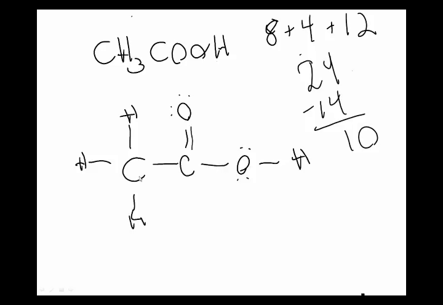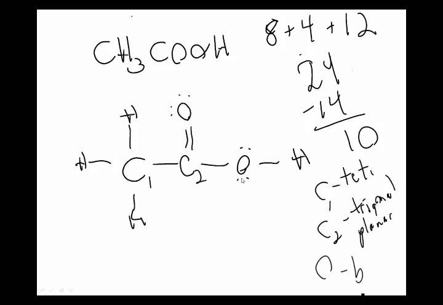So now we look at carbon 1, carbon 2, and the oxygen. Carbon 1 is tetrahedral. I'm just going to write tetrahedral because I'm running out of space, for having these 4 bonds. Carbon 2 has 3 electron groups and no lone pairs, so it's trigonal planar, and then oxygen has 4 electron groups, and it is bent because of the 2 lone pairs.